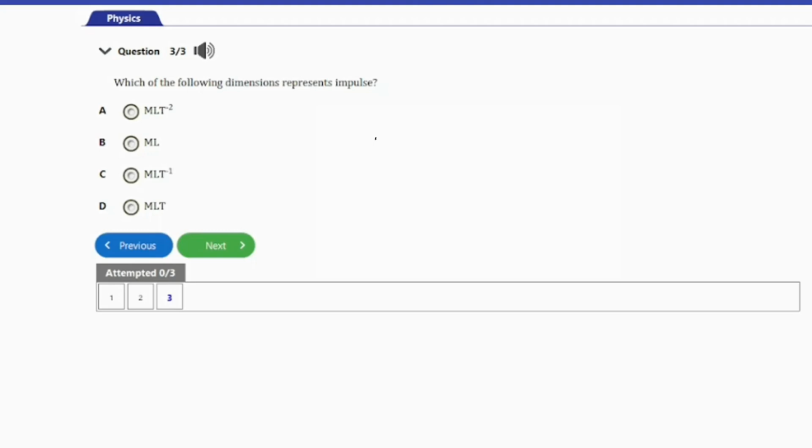So remember that time has no formula, so that one is set aside already, time, which is t.